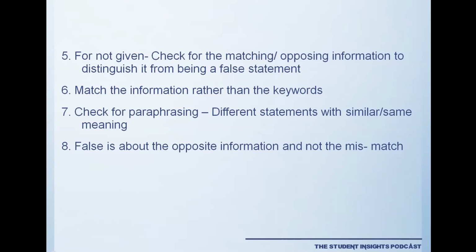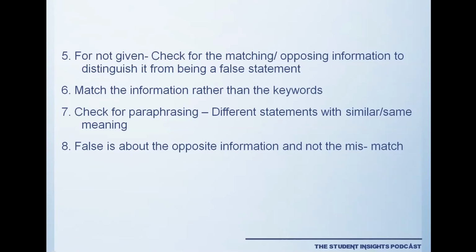So please make sure to match the central idea or the main information rather than matching the keywords. And check for paraphrasing. As I mentioned, it's very easy to confuse somebody by just paraphrasing the statement, because by paraphrasing you actually are keeping the central idea similar, but you're running around the corner and coming to the point instead of a straight question. So please make sure to check whether the statement has been paraphrased or not.